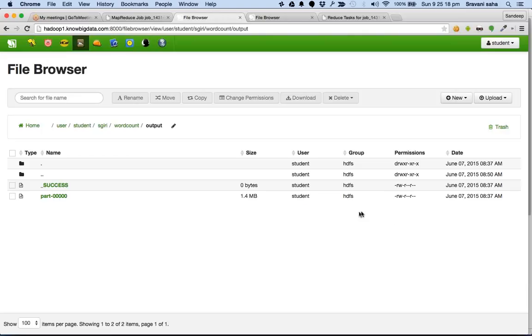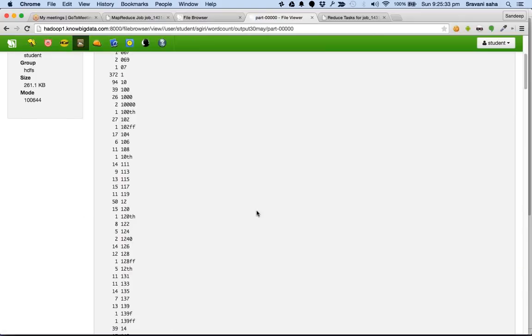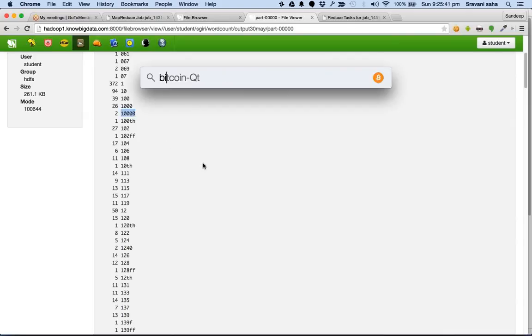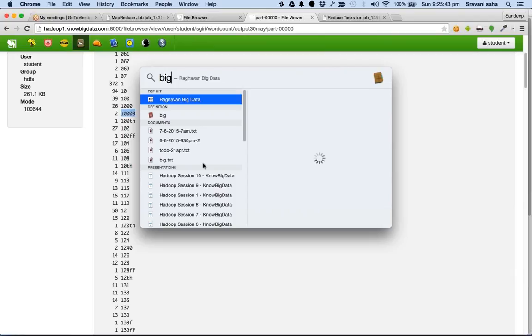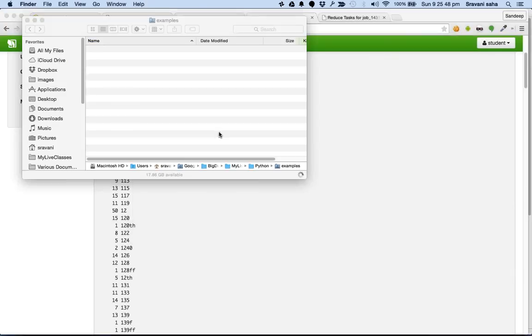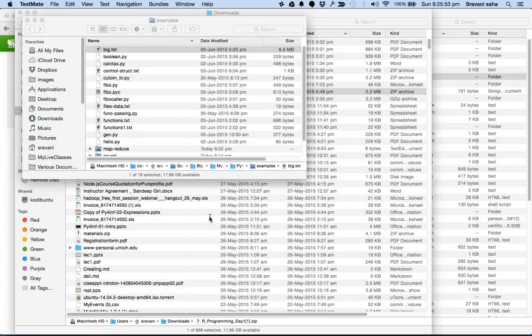Now, is the value being converted into hex? No, no, no. These are the actual values that exist in that big.txt. I will open this file for you. It exists here, and I can open it with my text editor. It's not that big a deal.